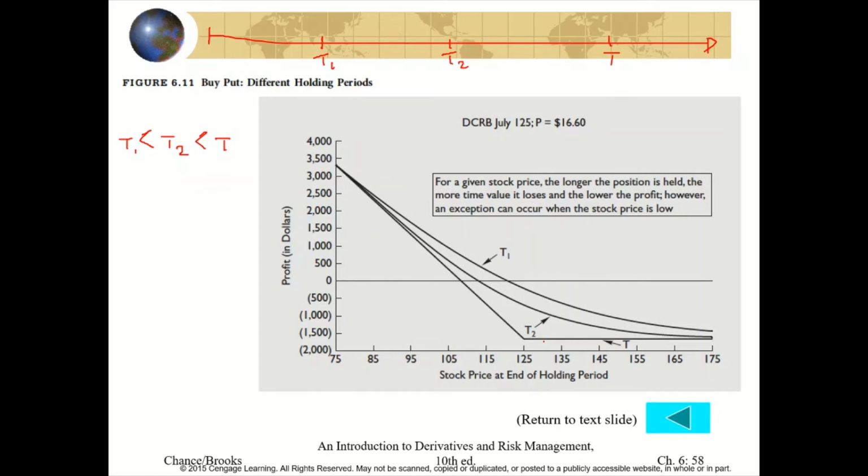So the time value is 0, forget it. I will not receive anything related to the time value. I'm going to receive only the intrinsic value. But if I exit at time T2, for example, now I will be able to get back some of the time value that I paid in addition to the intrinsic value.